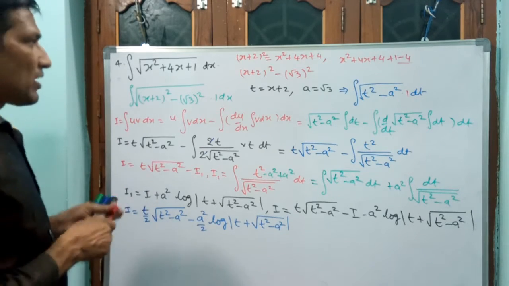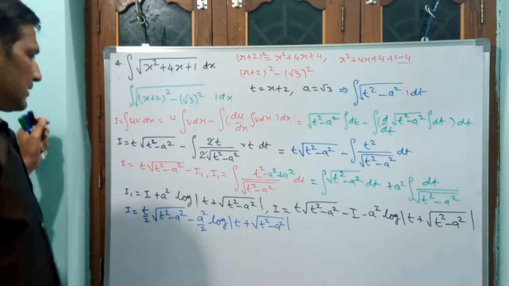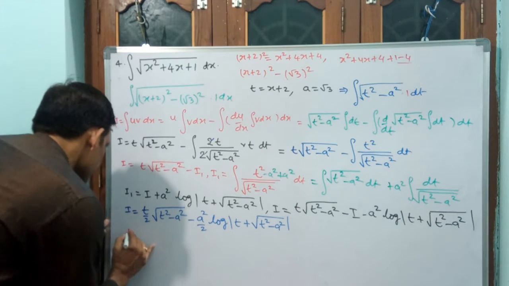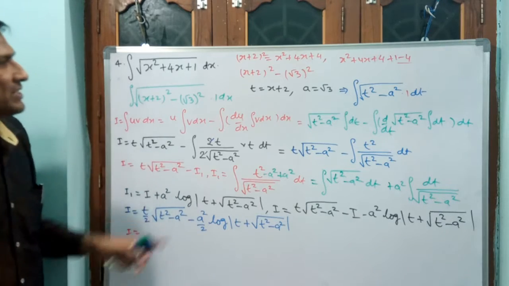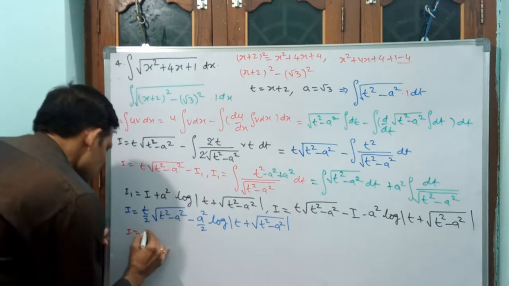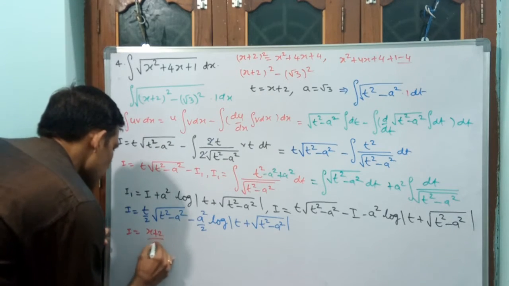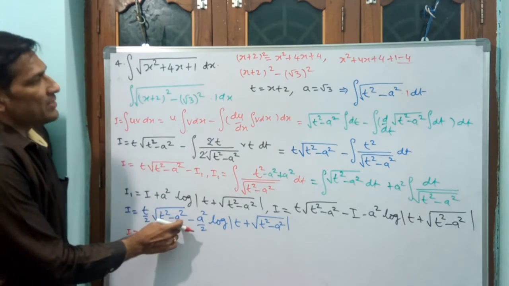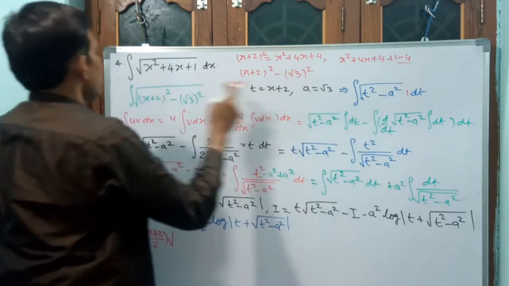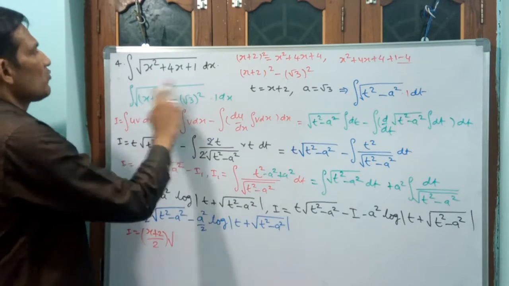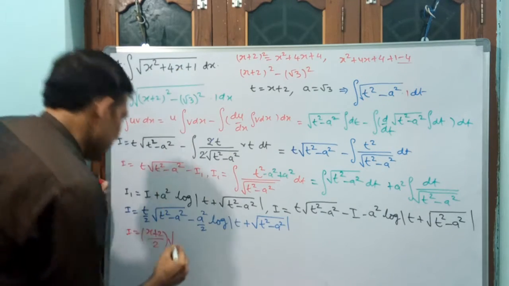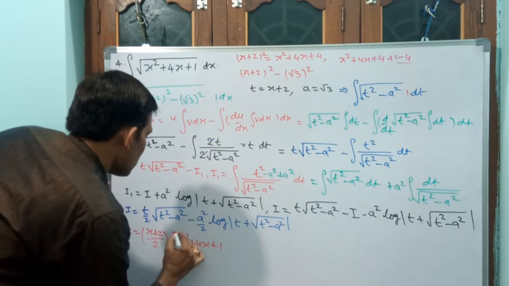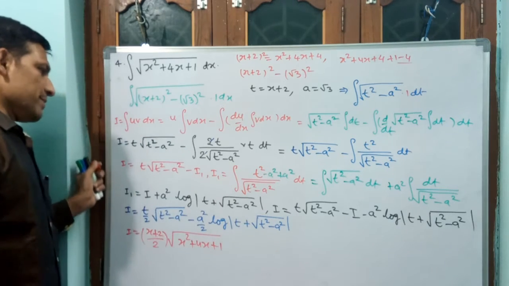See what I am doing now. I am going to substitute final result. Okay. See, I is equal to what is t? X plus 2. X plus 2 by 2 into square root of. See, t square minus a square means directly you take this. This only, t square means x square plus 4x plus 1 right now. X square plus 4x plus 1 under root. Okay.